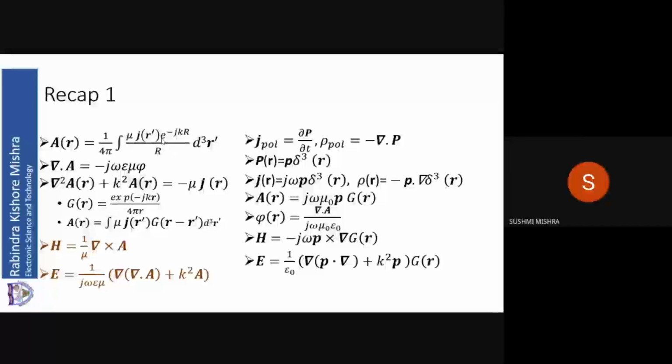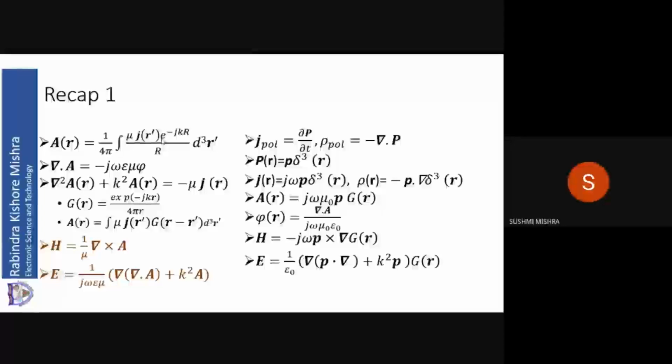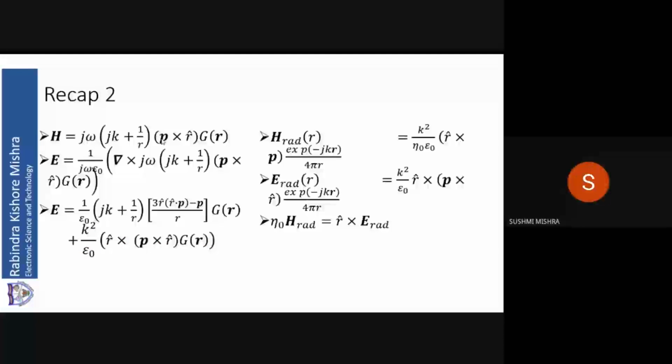Once we are equipped with A and phi, then we can find out H as minus j omega p cross grad of G. Similarly, we can find out E as 1 upon epsilon 0 grad of (P dot del) plus k square P, whole into G. So this is what we found out in the last class.